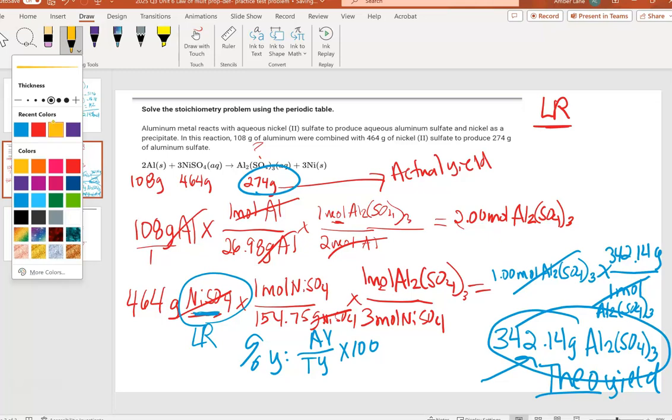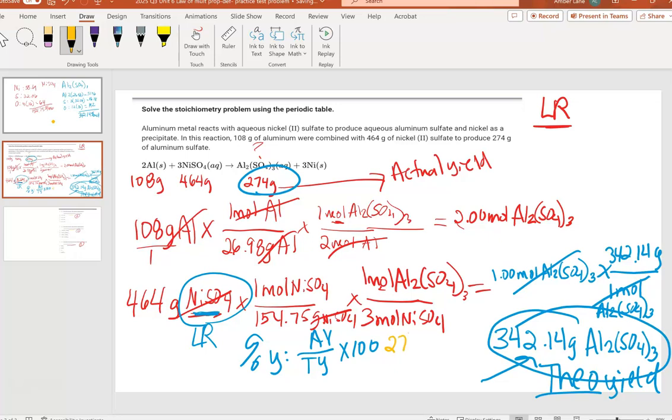I'm going to put my actual yield, 274 grams, divided by 342.14 times 100. So I'm going to say 274 divided by 342.14 equals, times 100, is going to give me an 80% yield.